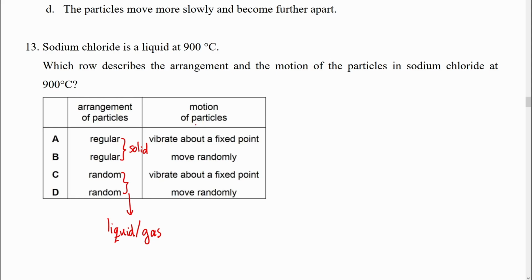And the motion of particles vibrating about a fixed point only happens in a solid state, while moving randomly can only happen in a liquid or gas state. So the question is asking about a liquid state, so that's going to be random. The arrangement of particles is random and the motion of particles is also random. So the correct answer is D.